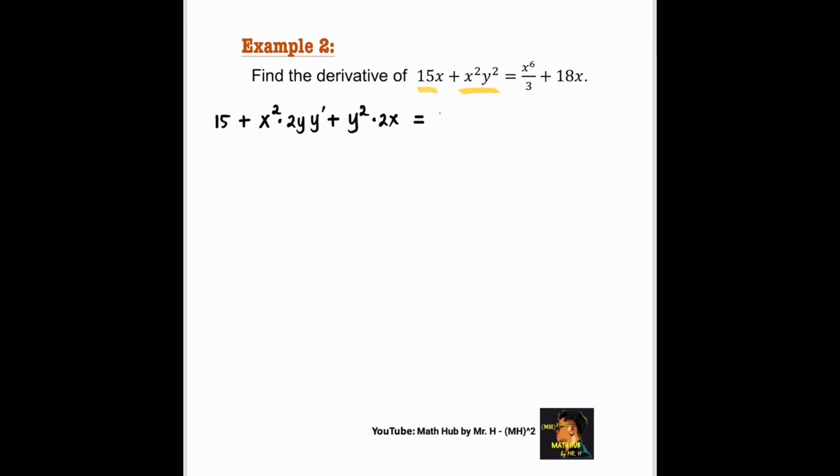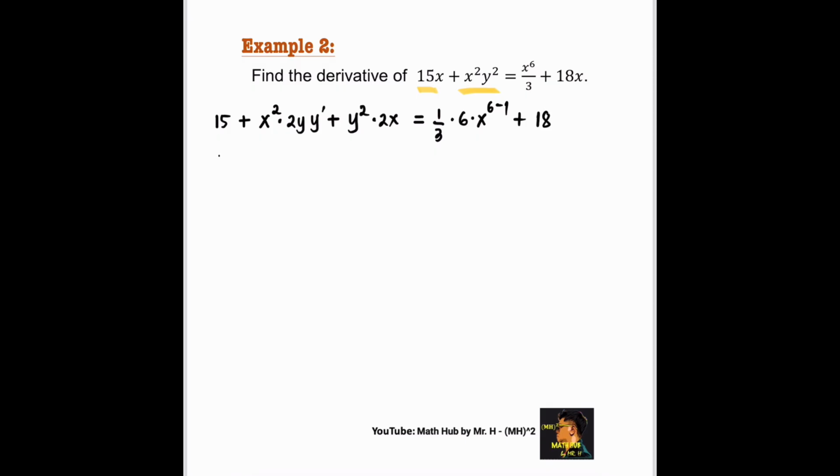Next, equal to this term. So we separate 1 over 3, and then we take the derivative of this, applying the power rule. So it's going to be times 6 x to the power of 6 minus 1 plus derivative of the last term, which is 18. And then we simplify.